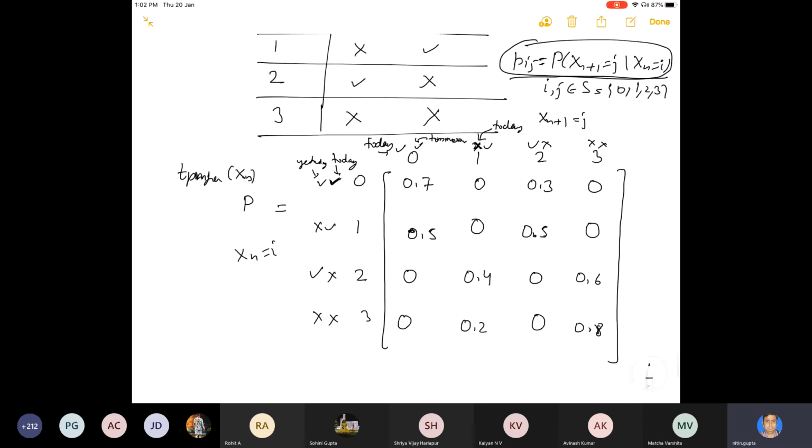So Xn plus 1 equal to 1 means it doesn't rain today but rains tomorrow.